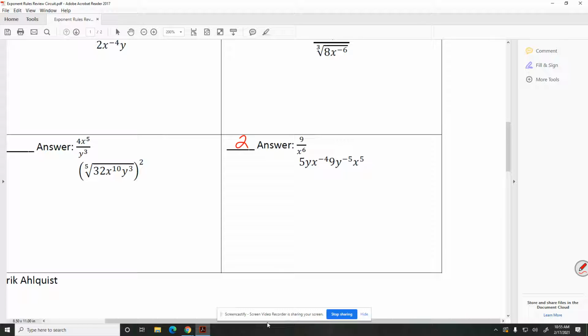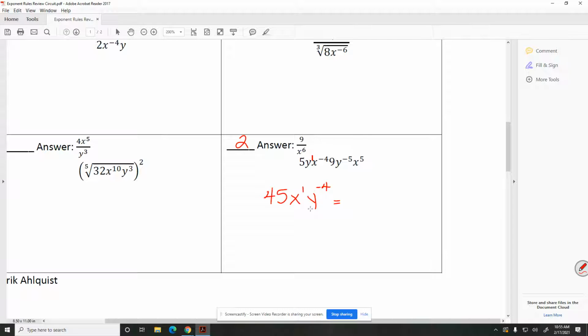So this is question number 2. And now we're going to simplify this one. All of this one is product rule. So what we would do on this one is we would do 5 times 9, which is 45. And then you're going to add the exponents. So for the x's, if I add those, I get a 1. And if I add the y's, we get a -4.